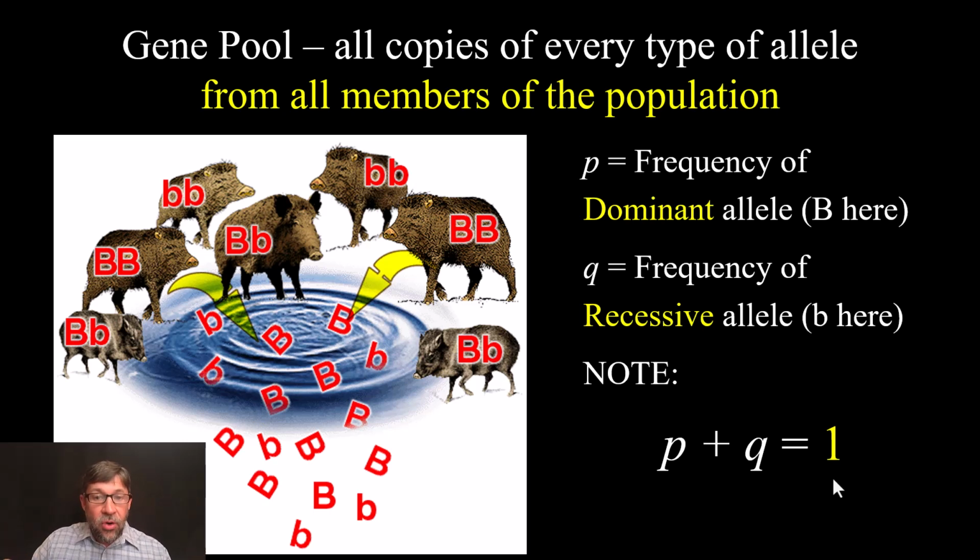So for example, if 60% of the alleles in the javelina gene pool are big B, 0.6, that means 40%, or 0.4, must be little b. So that is q, because p plus q equals 1.